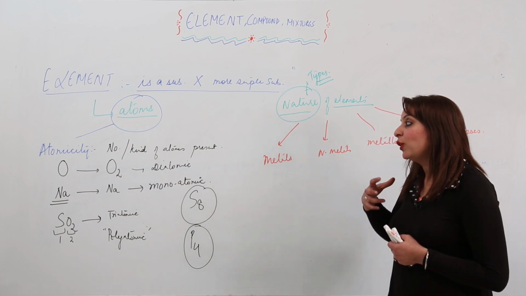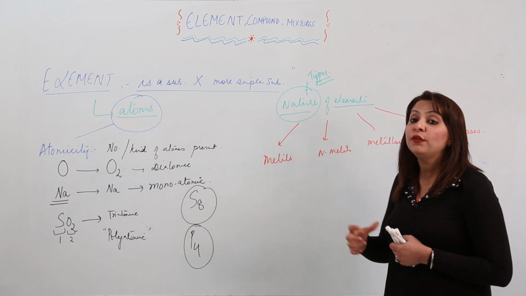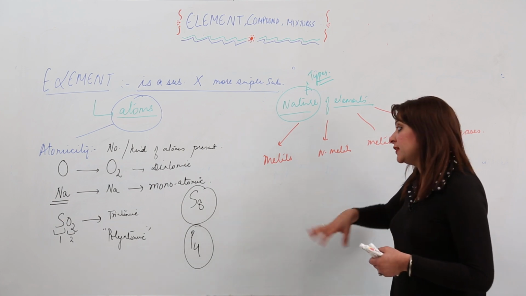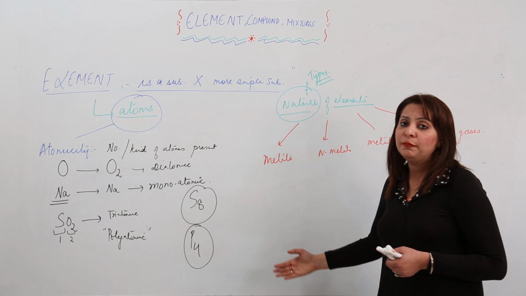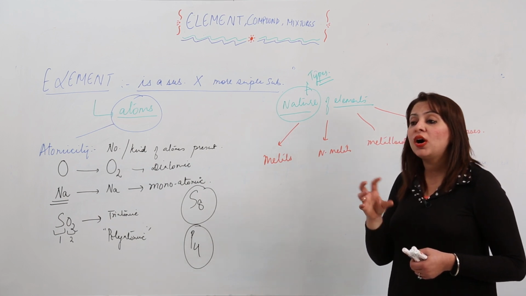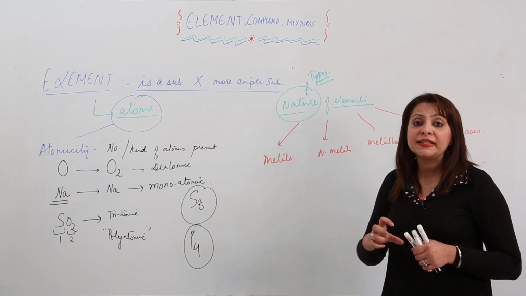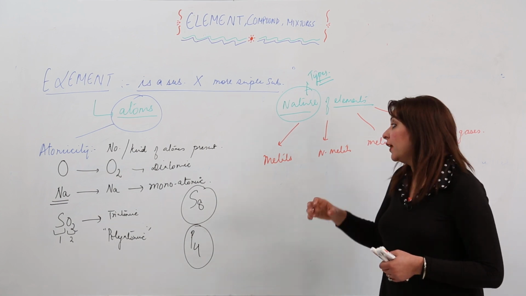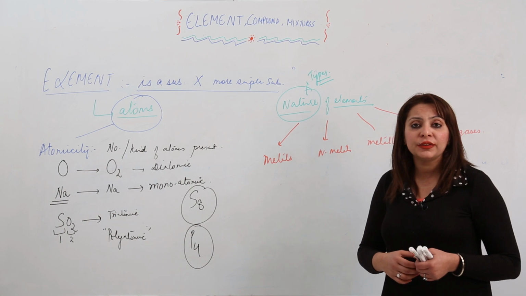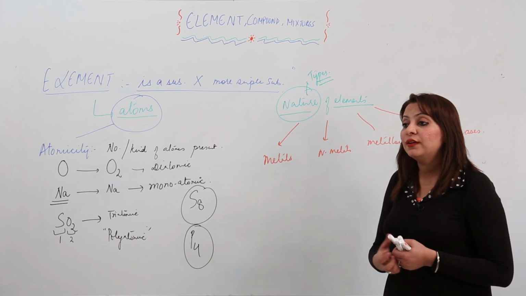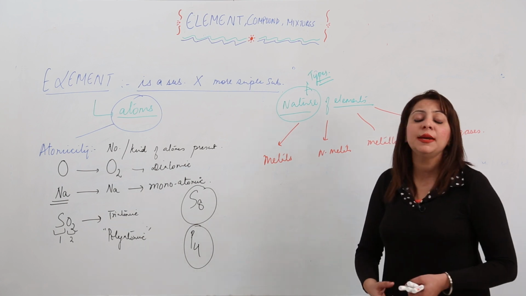What actually the properties are, and what kind of exceptions we get to see, like if some element comes under the class of metals but still shows a certain kind of difference. What are those metals which show some exceptional behavior when compared with the rest of the metals, and why are they still kept in the same category?